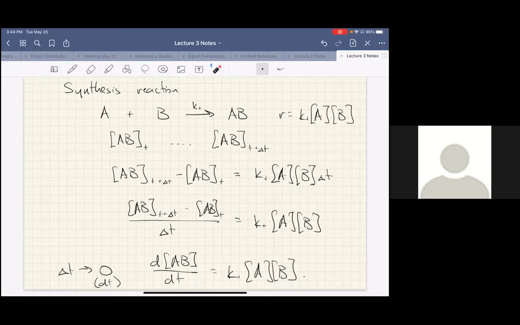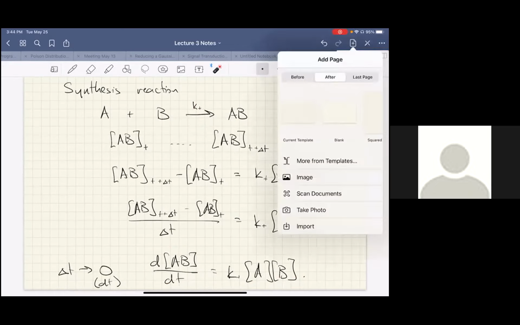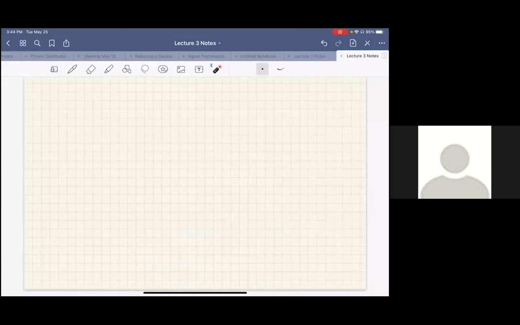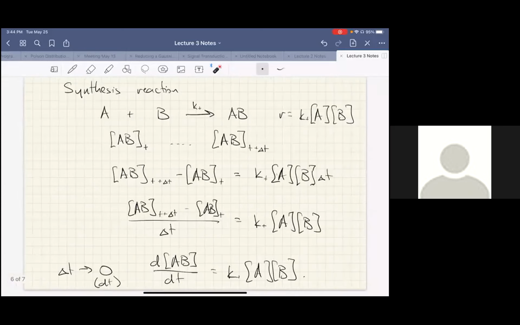That's going to let us do a couple things here. Actually, let me just back up for one second. Now look at this equation. If both A and B are changing at the same time, imagine also the reverse reaction.